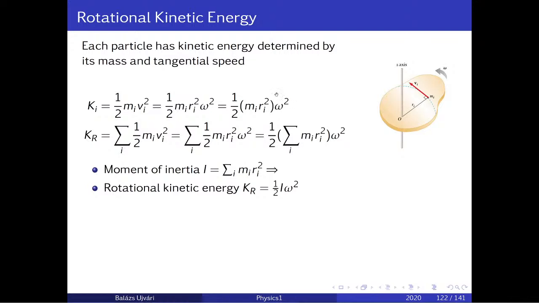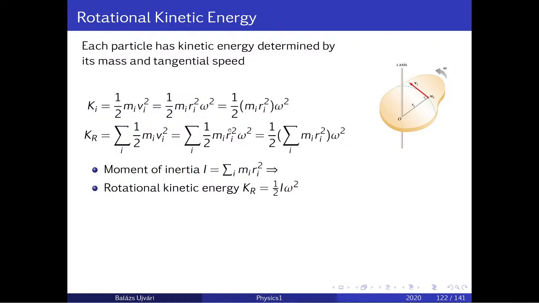In this case, we can split this formula into a 1 over 2 part which contains the R_i, and something which does not depend on the position, because we suppose this is a constant angular velocity. If we want to calculate the full rotational kinetic energy of the system, we can only sum over all of the points in this body.